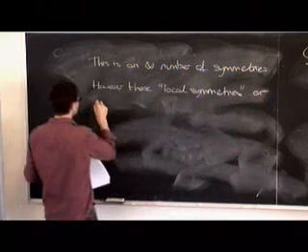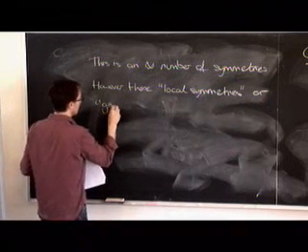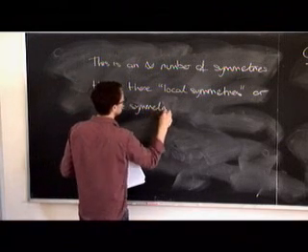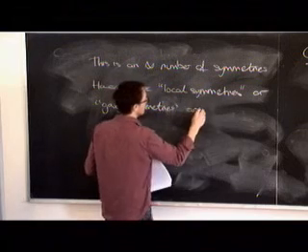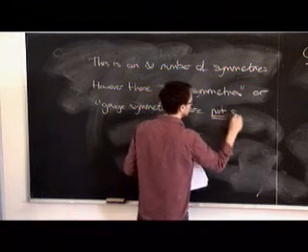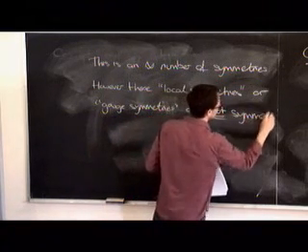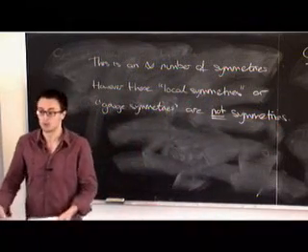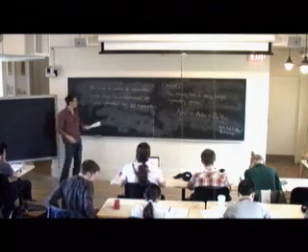So these are called local symmetries or gauge symmetries. And they're not symmetries. Certainly not symmetries in the sense that we've been meaning it so far in this course.